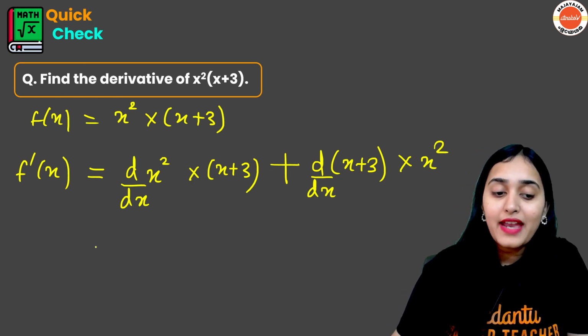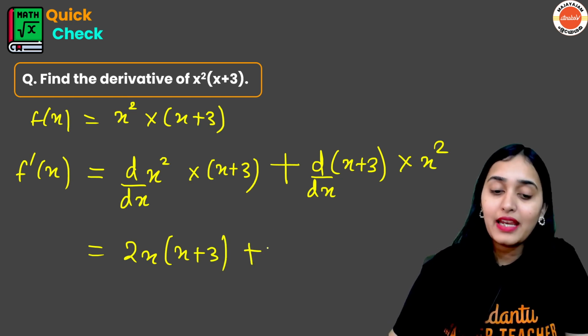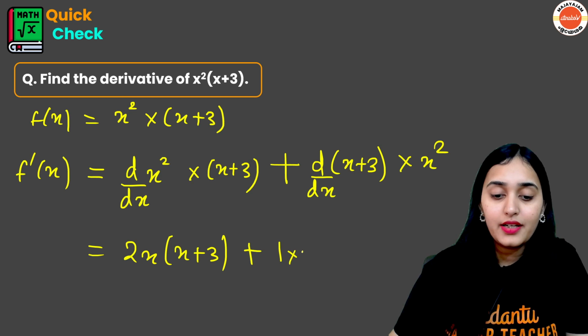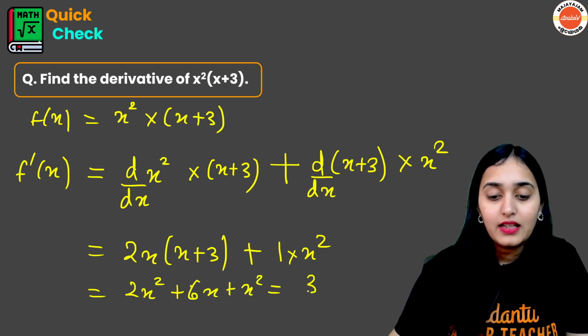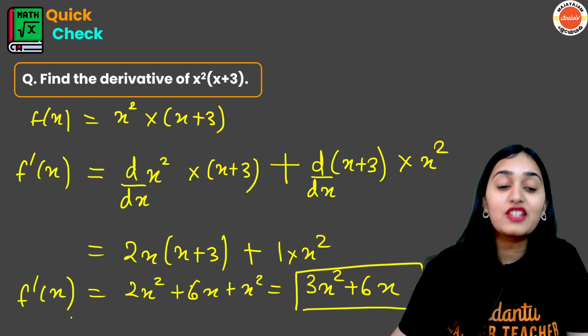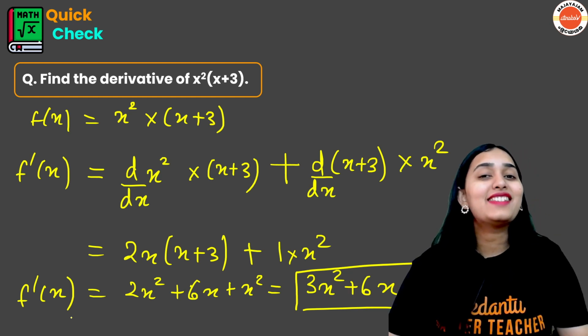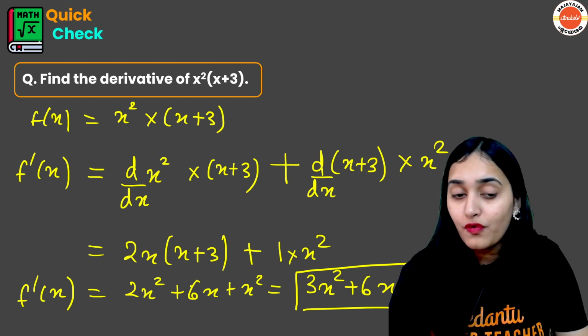So d by dx of x square is 2x into (x plus 3), plus d by dx of (x plus 3) is 1 into x square. So your answer is 2x square plus 6x plus x square. So this is 3x square plus 6x. This is your answer, f dash of x. Understood how you differentiate using product rule, multiplication of two functions.